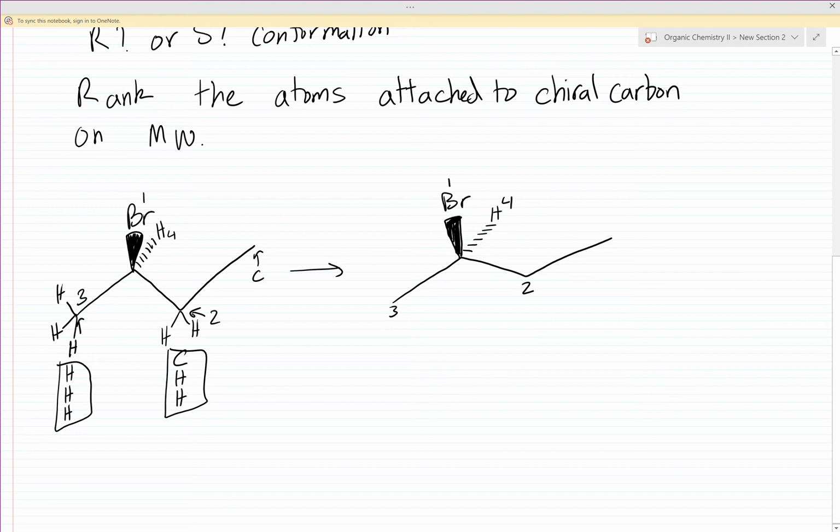Now that you have done the ranking of the chiral carbon, you want to put position 4 in the back position. The hydrogen is already in the back position, and it is position 4, so we can ignore it. I'm going to erase it.